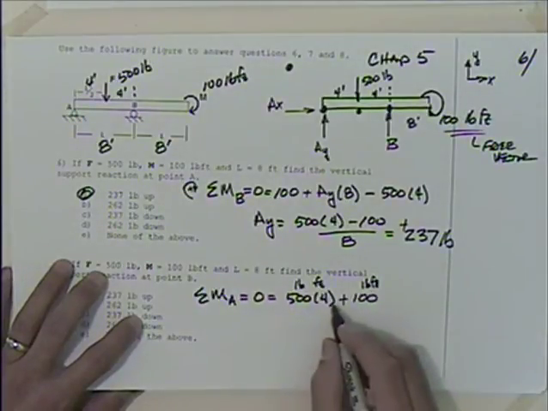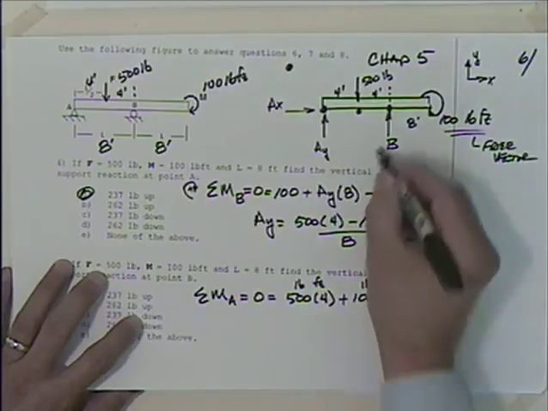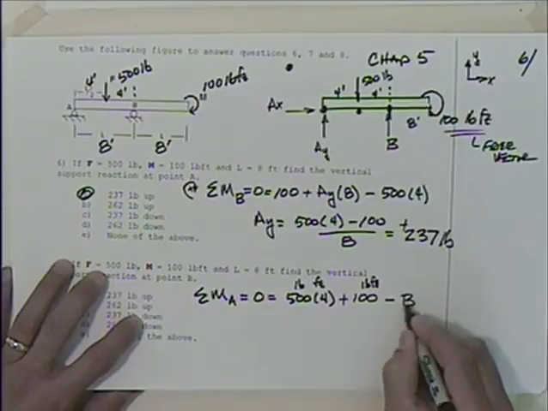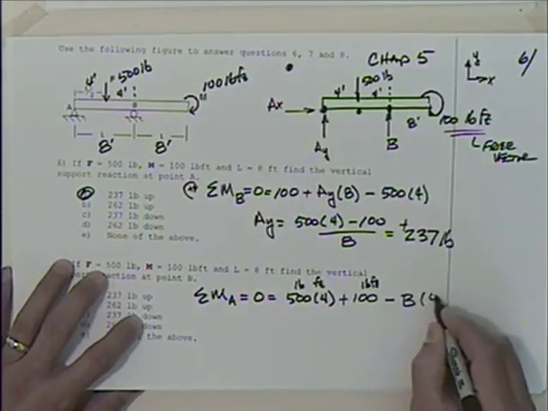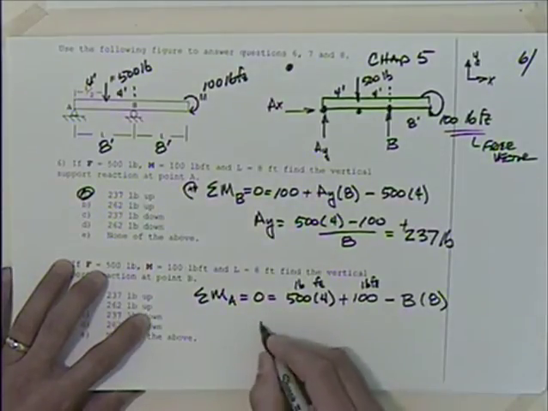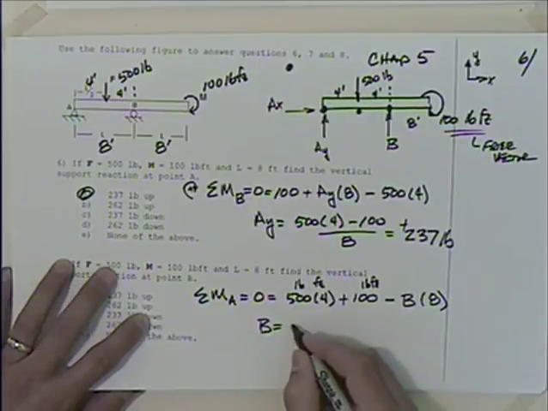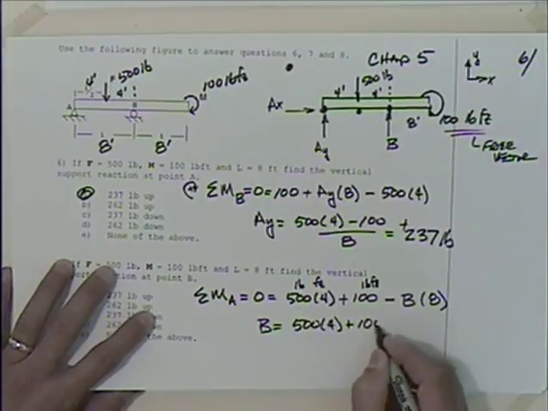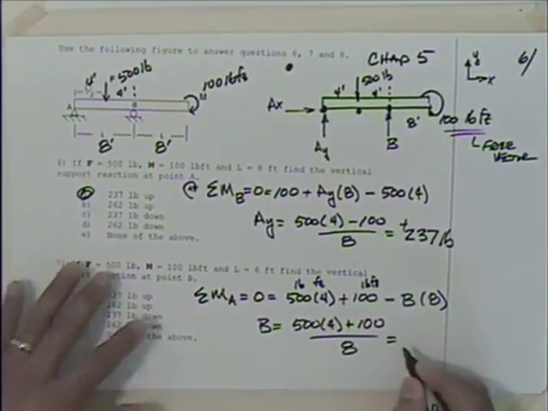Now I'm going to have to do what? I've got 500 times 4 plus that 100, then minus, because I'm going the other direction with this B, minus B times 8. So solving this, I can solve for B. B is equal to 500 times 4 plus 100 divided by 8.